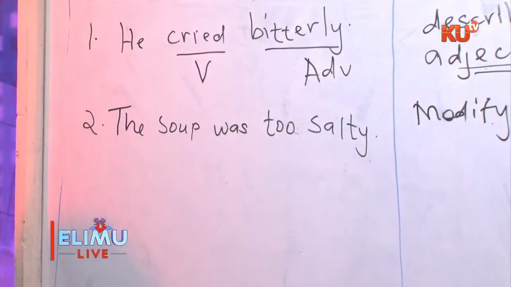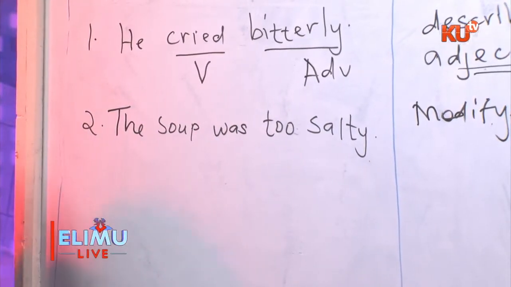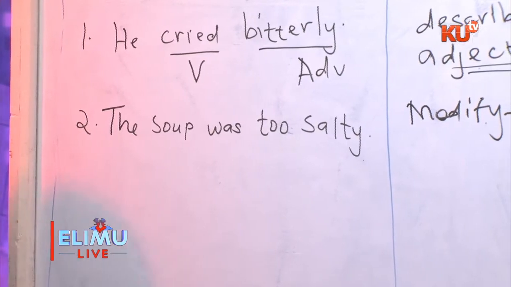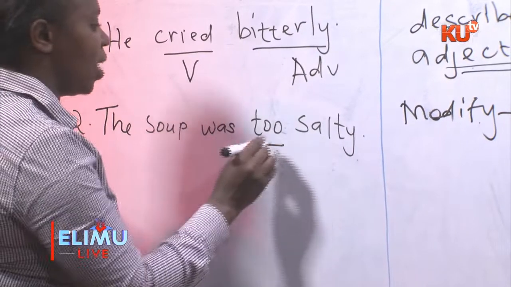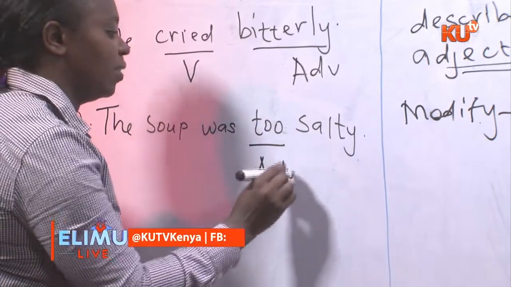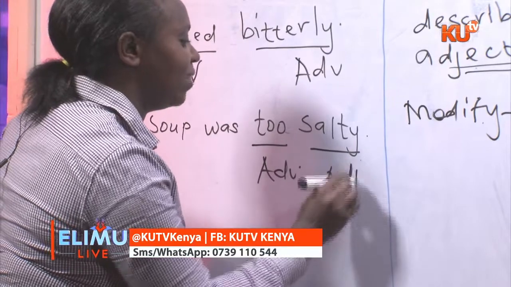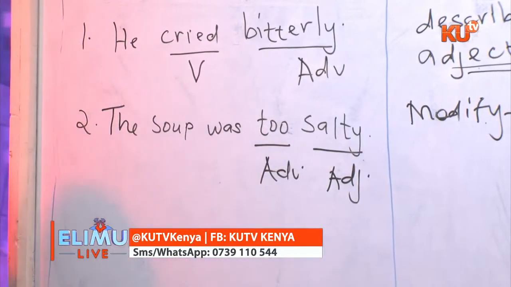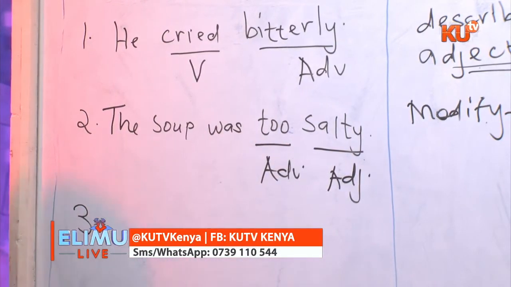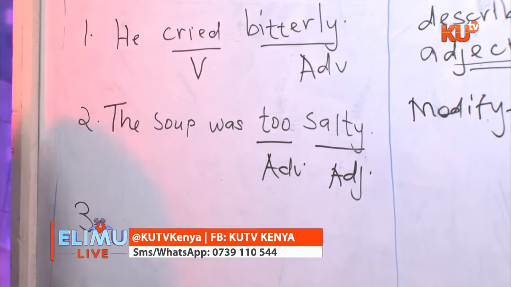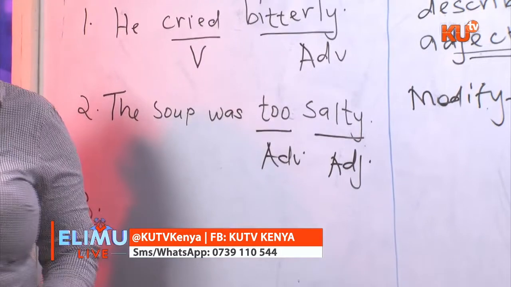The soup was too salty. Too is our adverb, then salty is our adjective. Then example number 3, where an adverb is modifying another adverb.